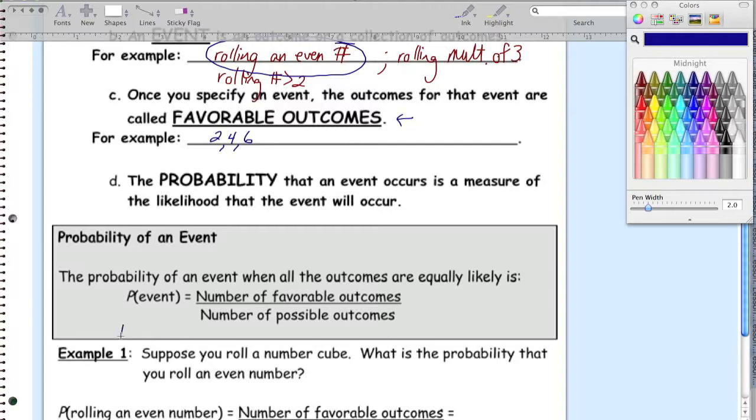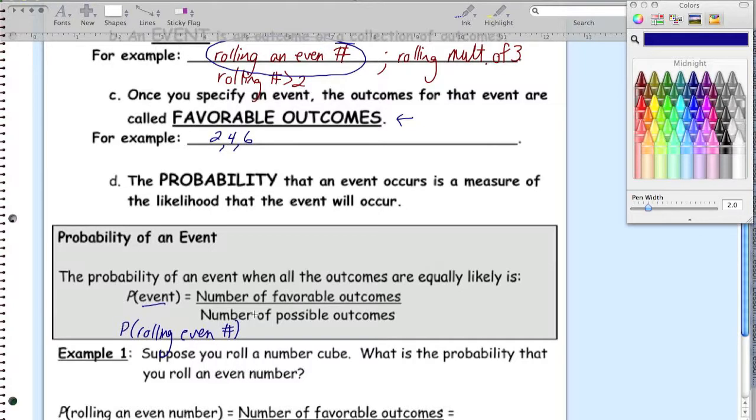The way we write it is we do our P for probability, and in parentheses we write whatever our event is. So our event is rolling an even number. We want to have that there. These parentheses don't mean multiply like they usually do in math. Here they mean, like in English, they're citing what it is that you're referencing.